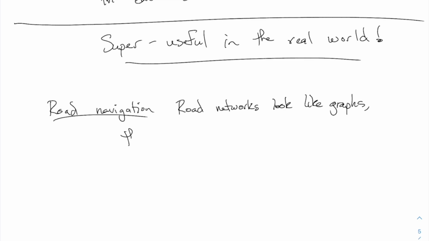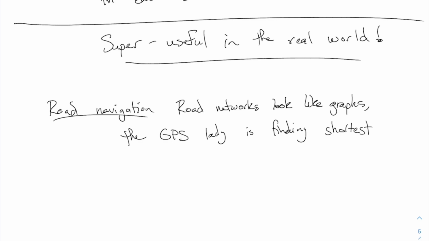And I will say the GPS lady, or man, or whatever, is finding the shortest path from one location to another. Usually the shortest path, although shortest to the GPS lady doesn't always mean shortest in terms of mileage. It might mean shortest in terms of the time it takes if you factor in traffic and whatever.